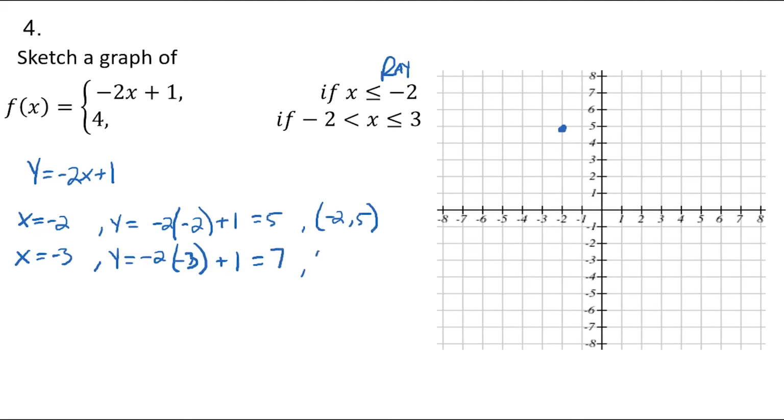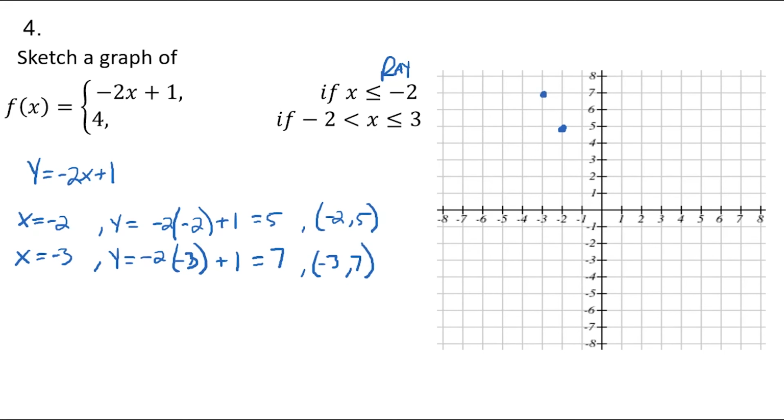So another point is negative 3 comma positive 7, and that is here.